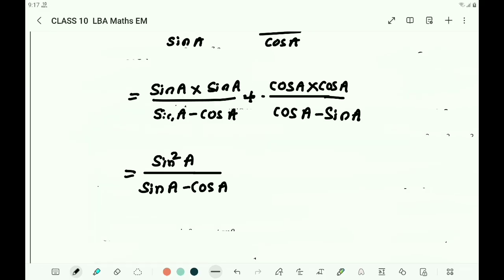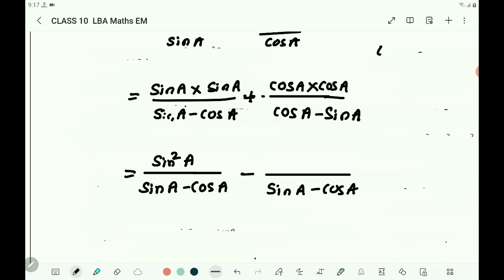Here you observe, in this part, sin A minus cos A is in the denominator, but here cos A minus sin A is there. So you must have the same sin A minus cos A here. In that case, what happens? This plus sign becomes minus sign.